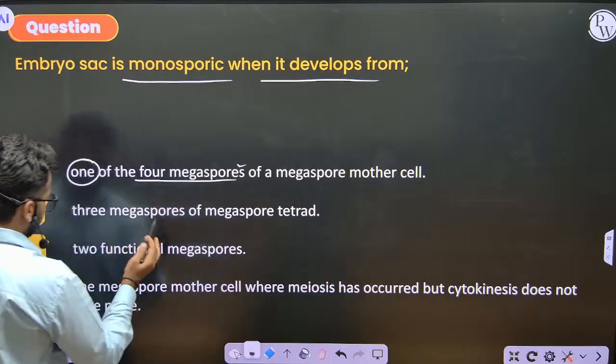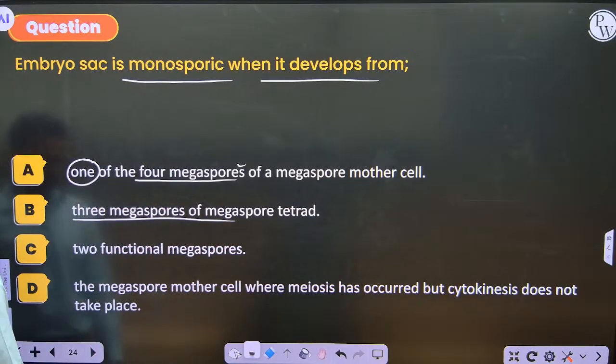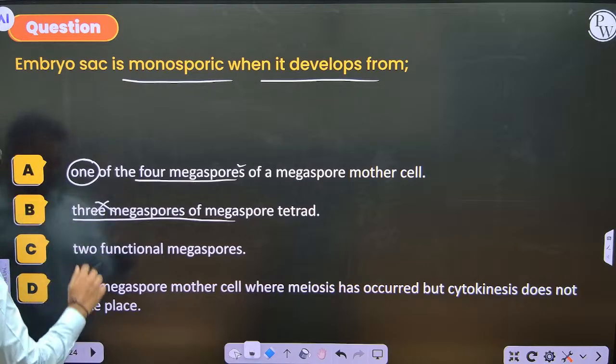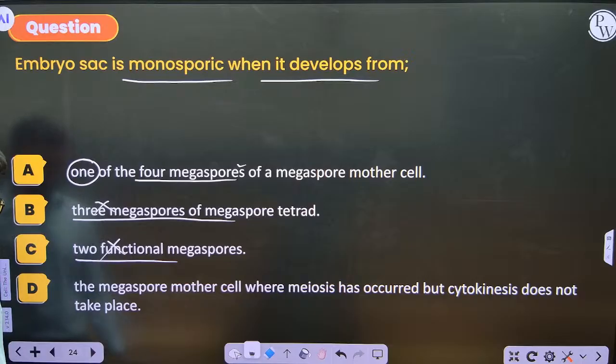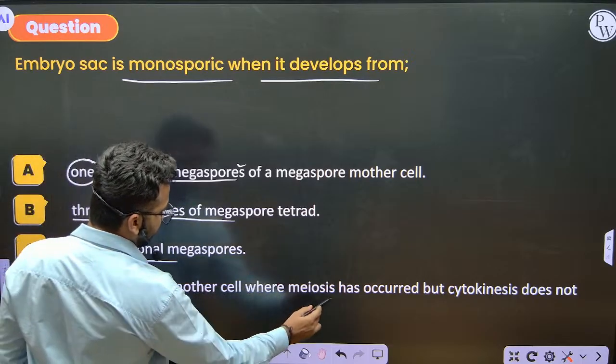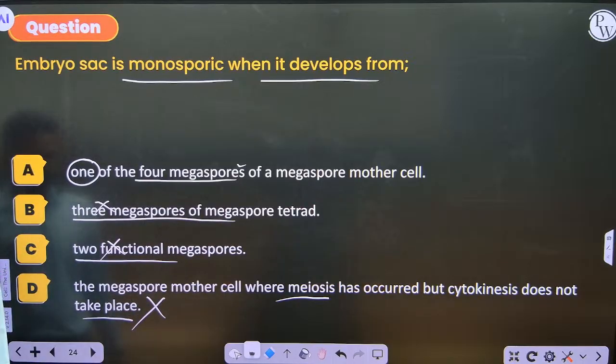We'll see the other statements also. Three megaspores of a megaspore tetrad, no, that would be trisporic. Two functional megaspores, that would be bisporic. Megaspore mother cell where meiosis has occurred but cytokinesis does not take place, it is not. So option 1 will be the correct answer.